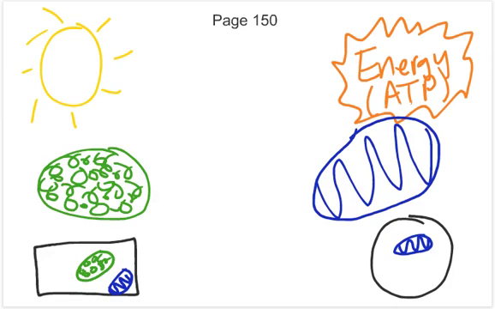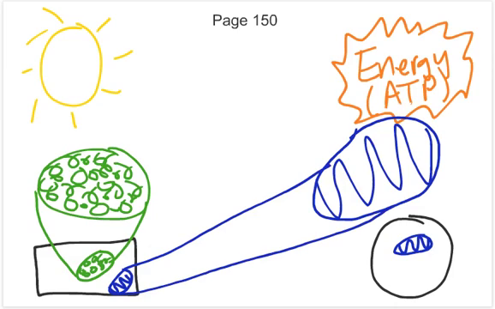Now I'm going to draw the blow-up shadows that go to each of them. So this one goes here, and then this one goes here, and the animal cell one comes up here, like that, so that you can see.